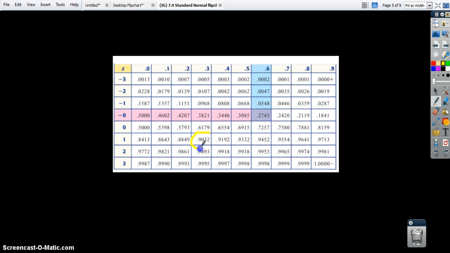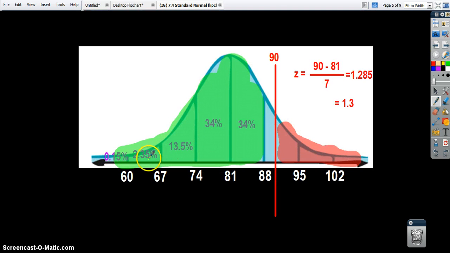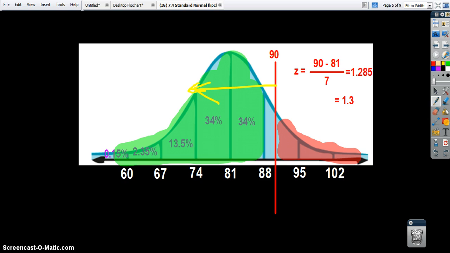There it is. So what this is saying is that 0.9032 is the probability that a student scores to the left of that. The z-score table only tells you about to the left.